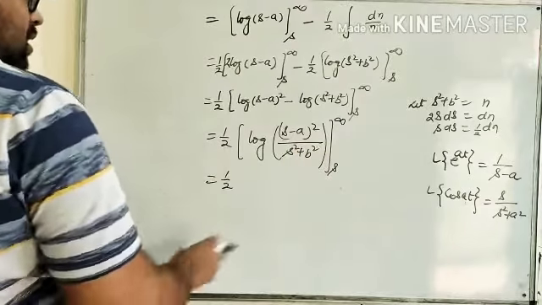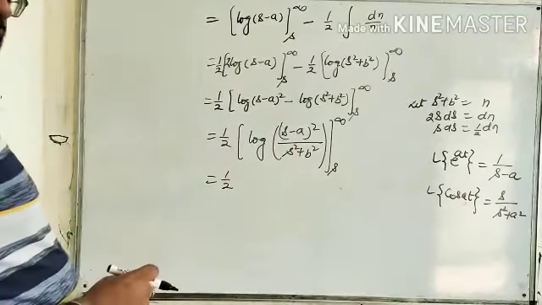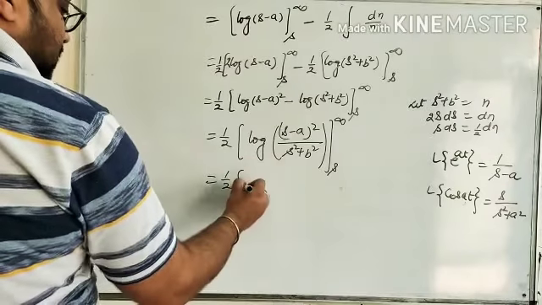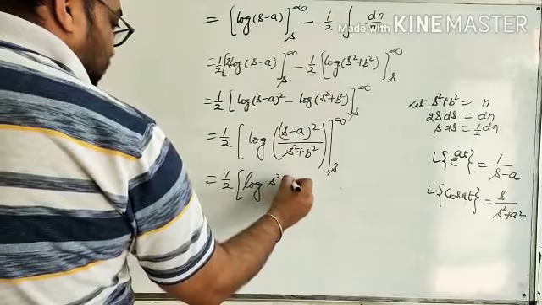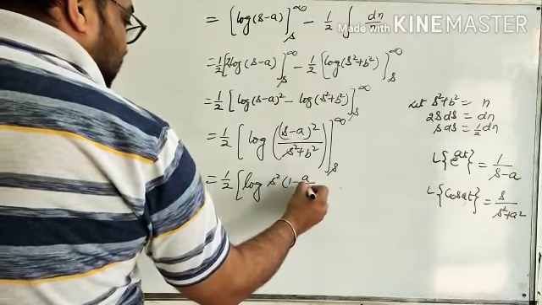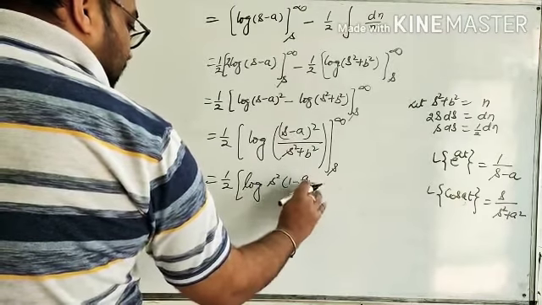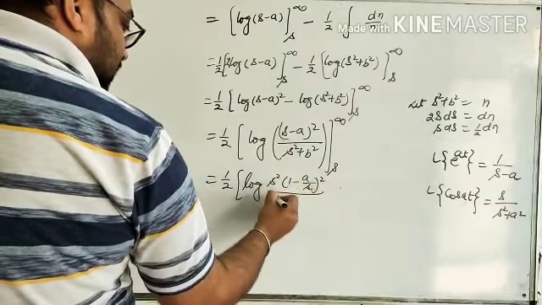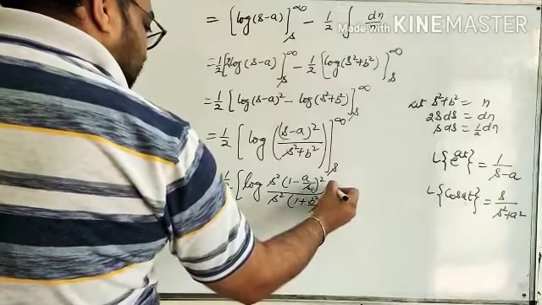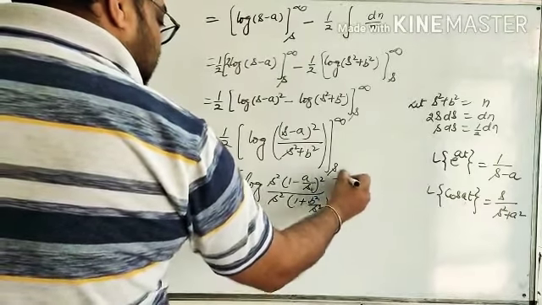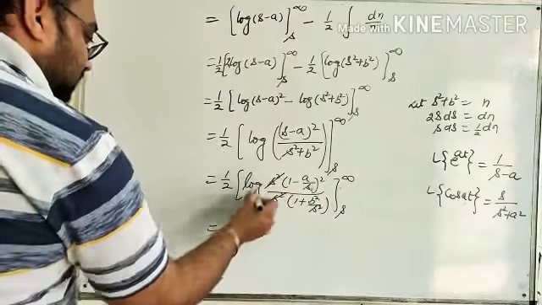Now, we cannot put infinity directly. So, for this, we can take s square as common, that is, 1 minus a upon s whole square, and from there 1 plus b square upon s square, under the limit s to infinity. Now, this s square is cancelled.